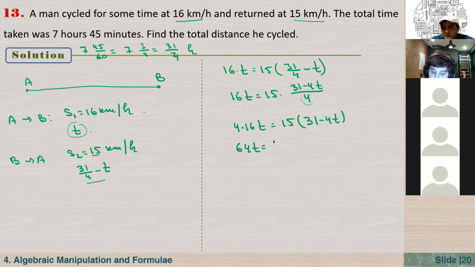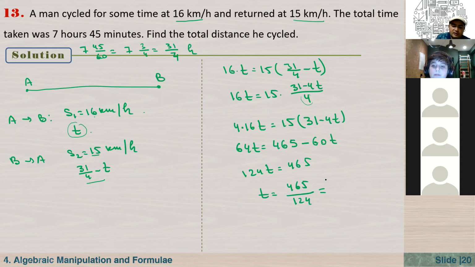One more 15 is 465. Minus 15 times 4, that is 60t. Now if you take it to the left hand side, 64 plus 60, 124t. On the right hand side, we have 465, right? What is t? t equals 465 over 124.